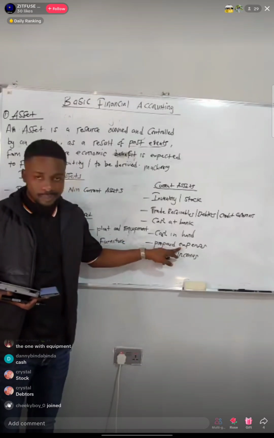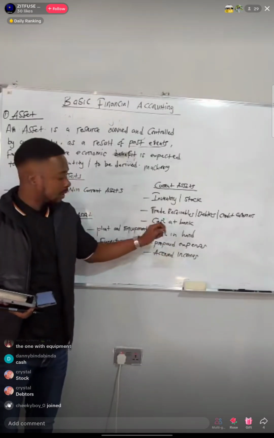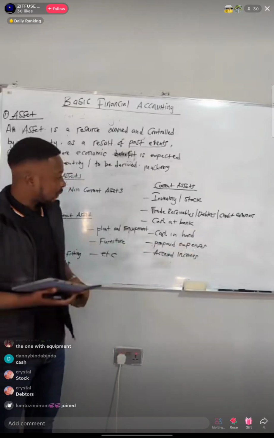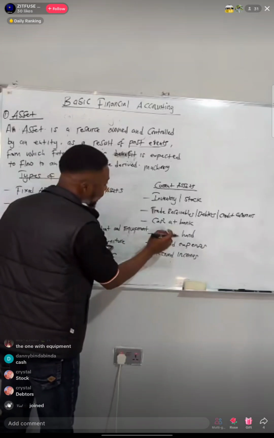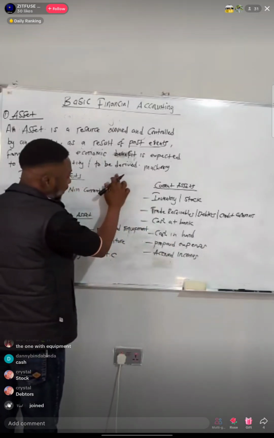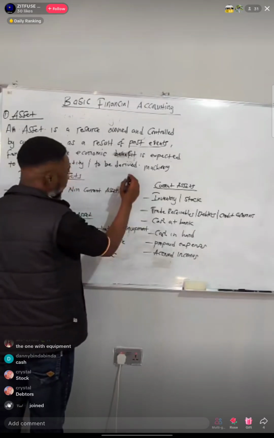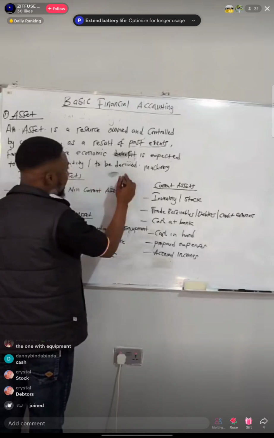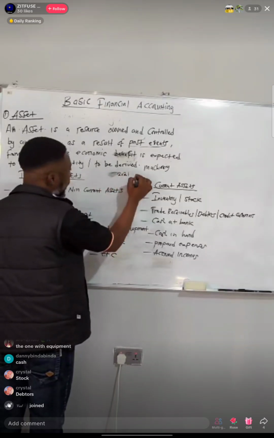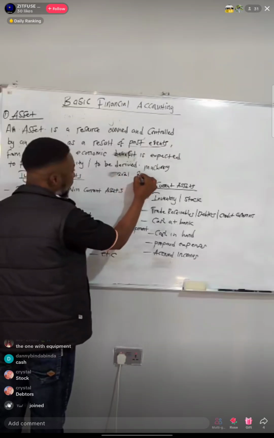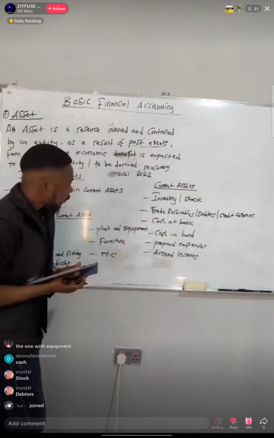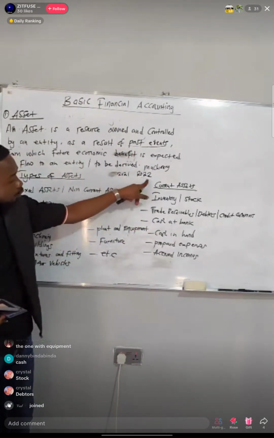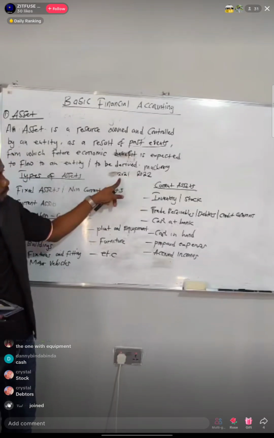A prepaid expense is an expense that is paid in advance. It's an expense relating to the next accounting period, but it's paid for in the current accounting period. So let's assume we are in 2021, and you pay for an expense for 2022 in 2021.